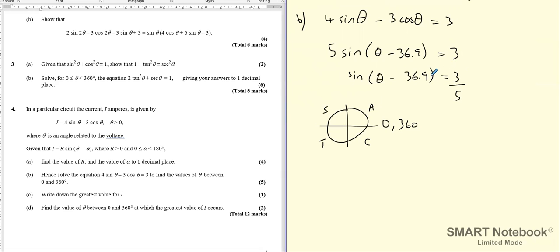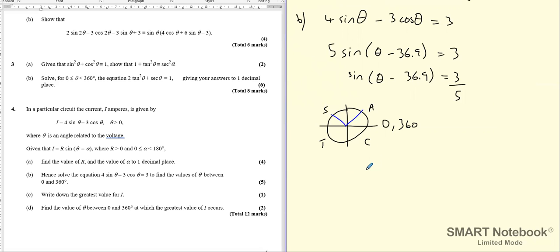If I get a negative value for theta, I will work out either the previous solution or the one after. Actually, it won't be the one after, it'll be the previous solution to help me bring it back in range. But I will only do that if I need to. So looking at this, between 0 and 360, where is sine positive? Sine is positive in A and in S.